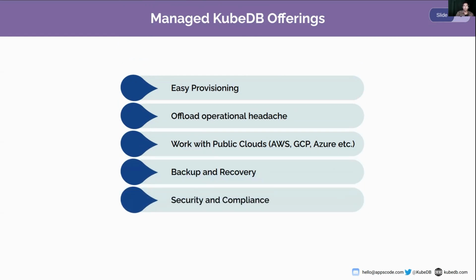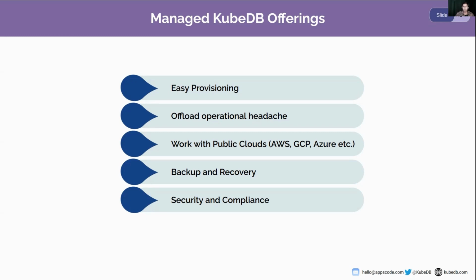Then security and compliance. We are doing our things in a highly secured and compliant way. As we are using public clouds, let's say AWS, GCP, and Azure, we are trying to take full advantage of the cloud provider's firewall, so that we can make sure your data will be highly secured, and you can also maintain access control of the database.